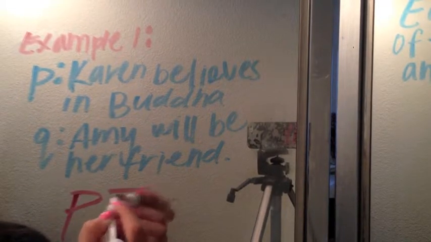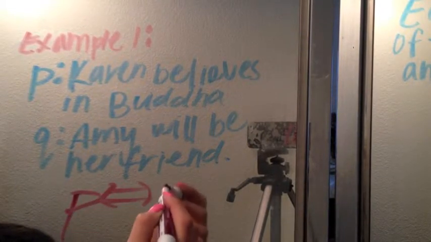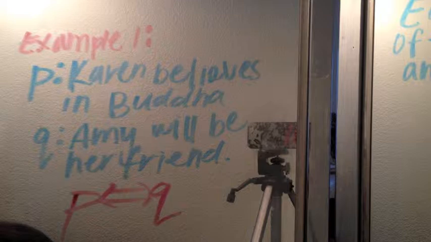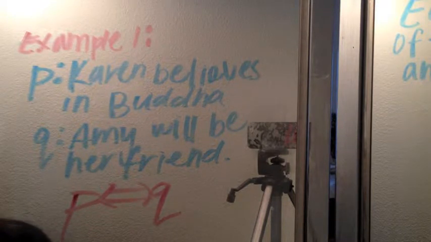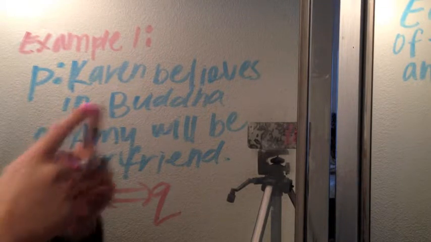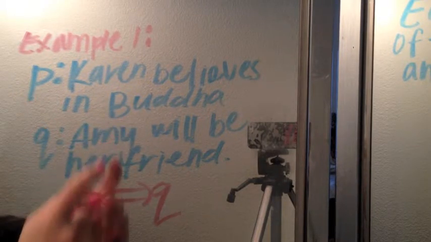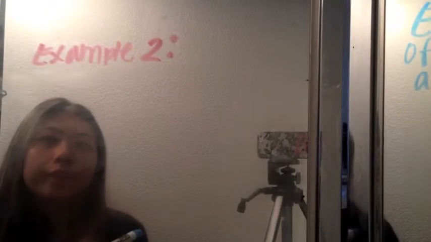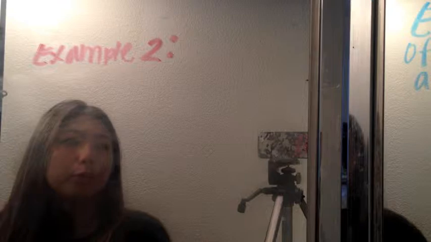So we would ask you to write it as if and only if P, then Q. That's an equivalent statement. Remember that because there's a double-sided arrow. So the response would be, if and only if Karen believes in Buddha, then Amy will be her friend. Okay, so let's do example 2.